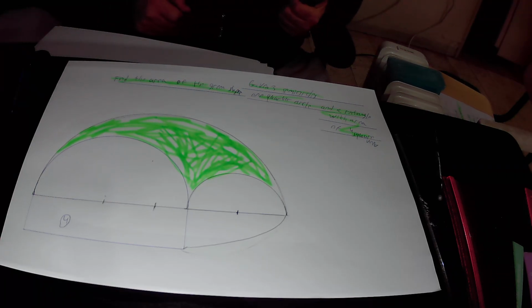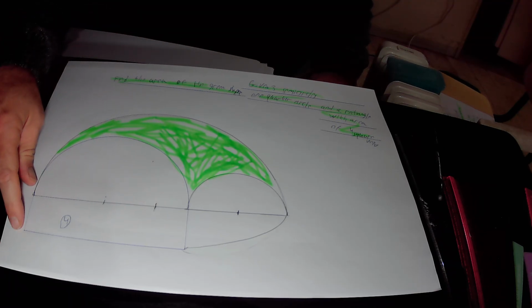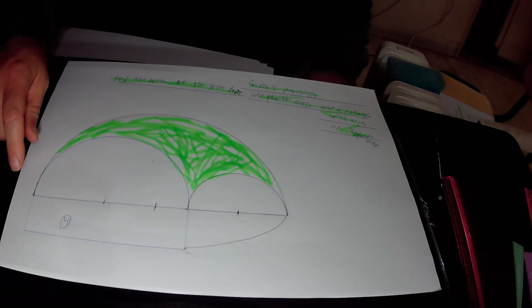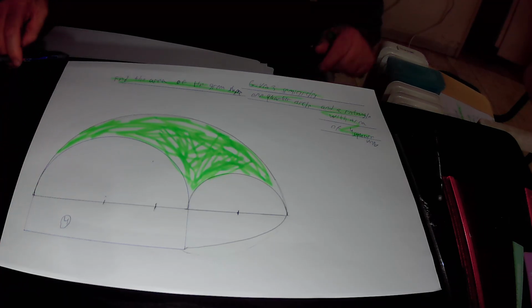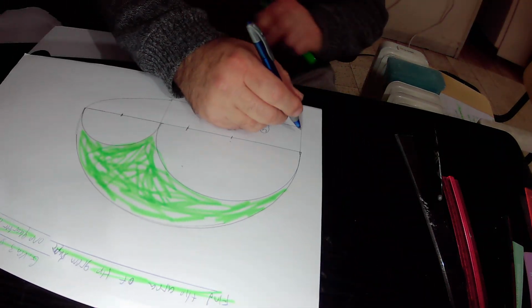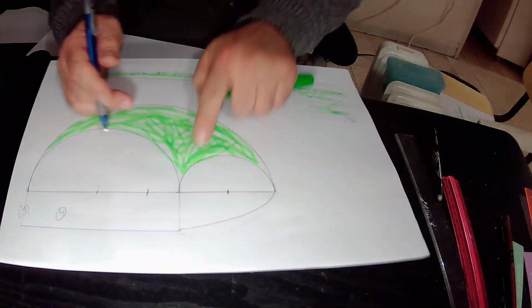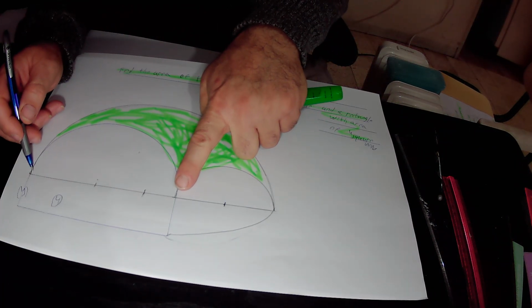Okay, so we define the width of this rectangle. This side is y. And we define the length of this rectangle. This side is x.